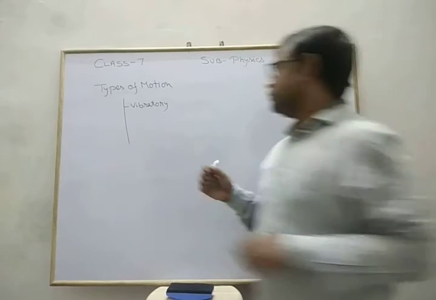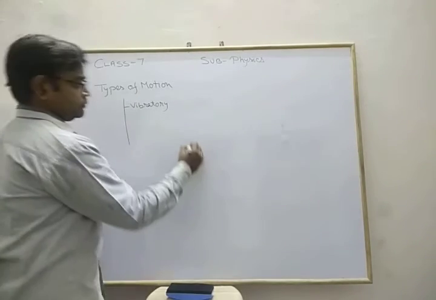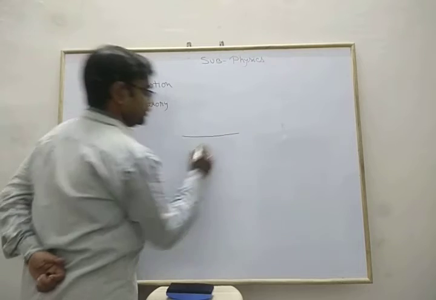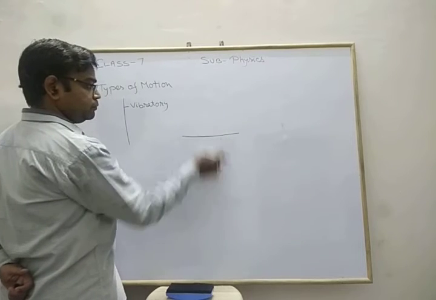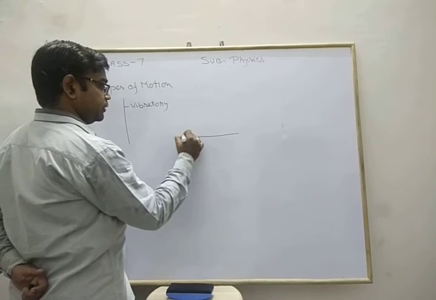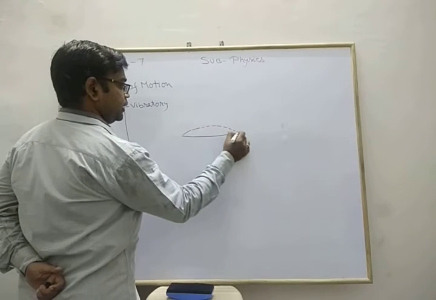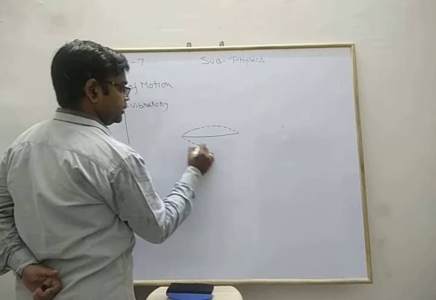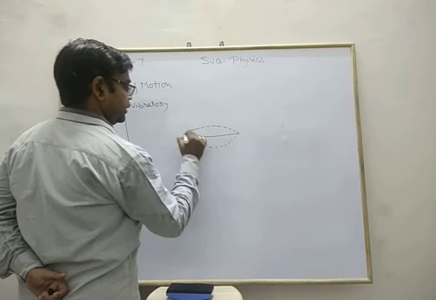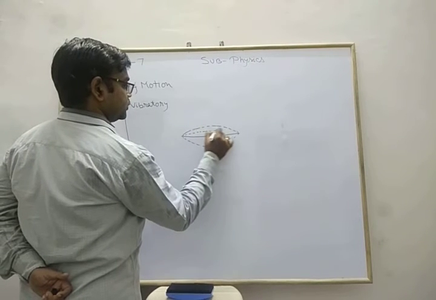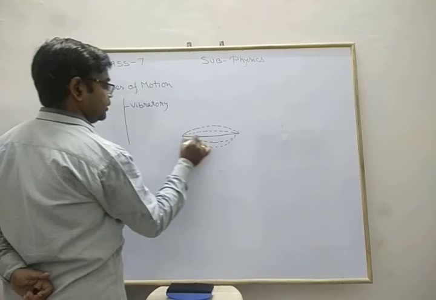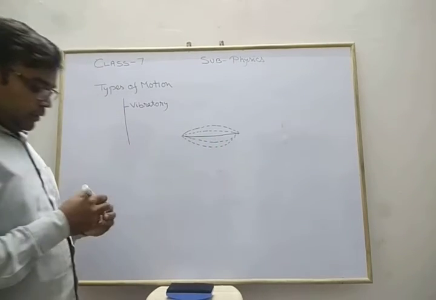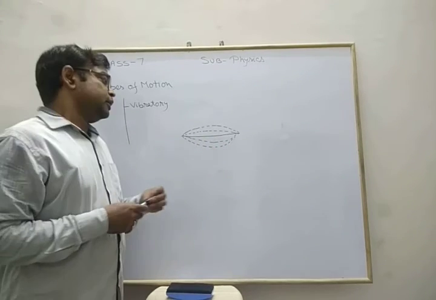Actually, that vibration is like this. Suppose this is a string. Now, when we strike it, what happens? First it goes this side, then downside, then again upside, downside, likewise. In this movement, what happens?